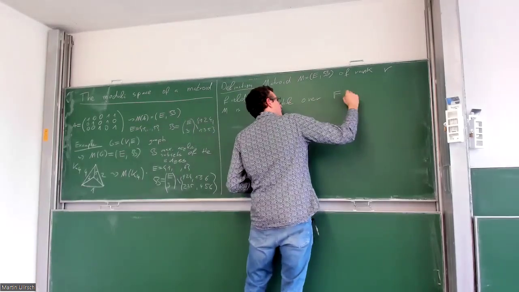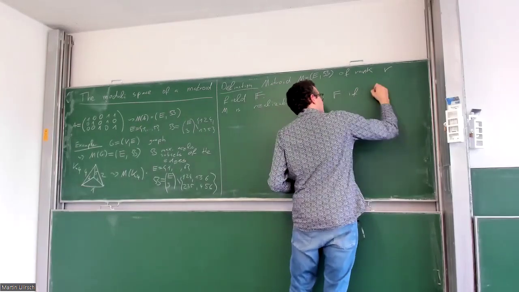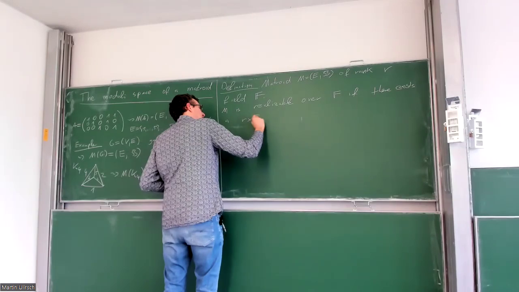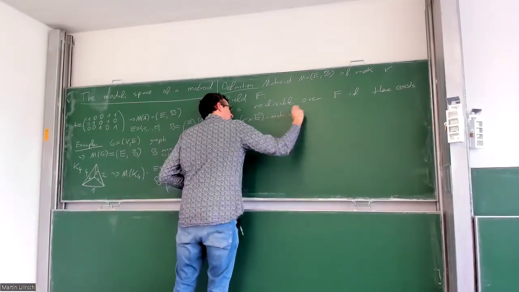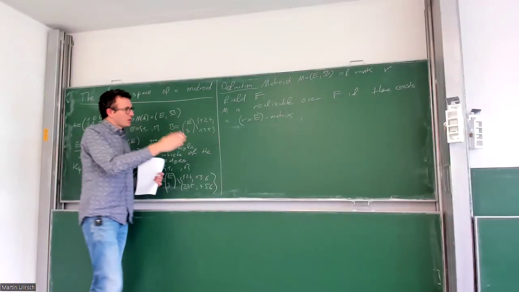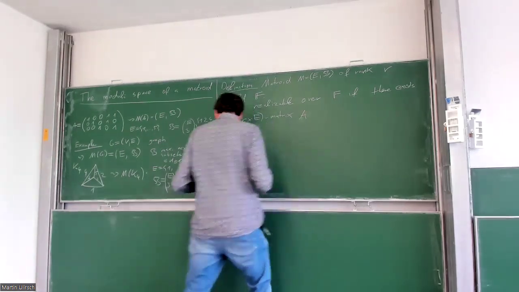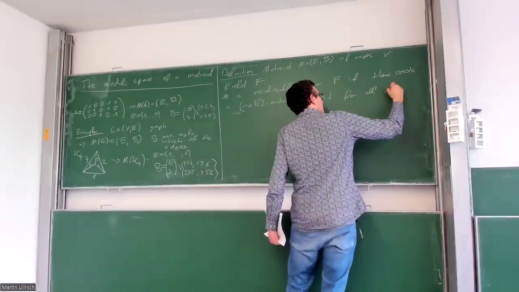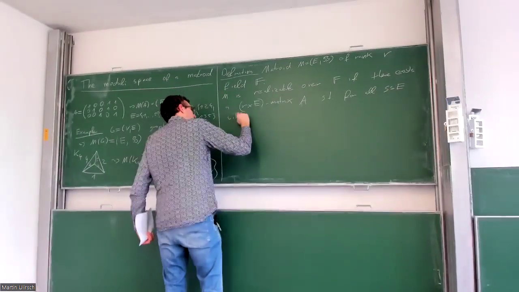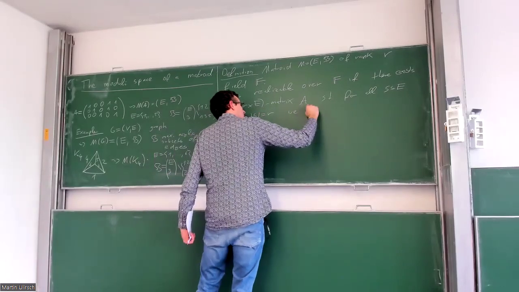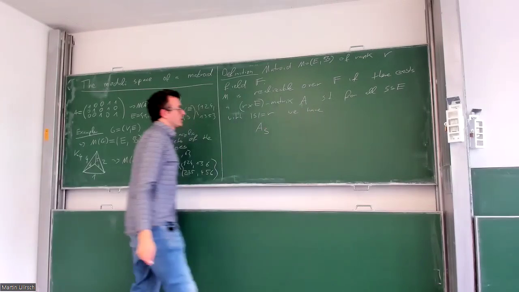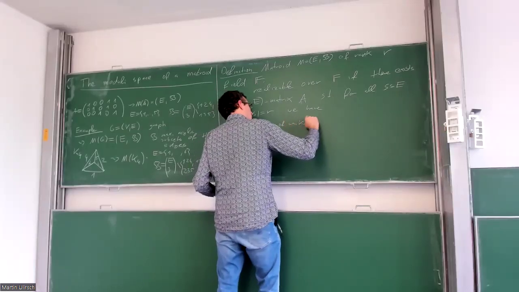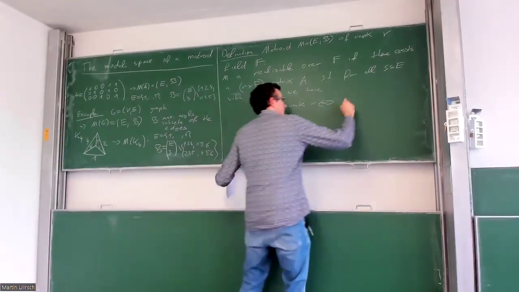over that field F if there exists an R times E matrix, so it's a matrix having R many rows, and the columns are indexed by my ground set E. I want to denote it by A, such that for all subsets S of my ground set with the size of S being R, we have that the minor of the matrix A on the subset S is of rank R if and only if the set S is a basis of my matroid.